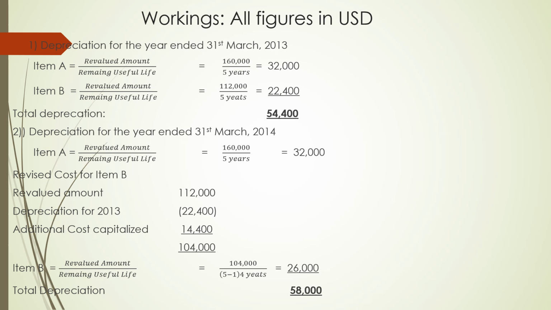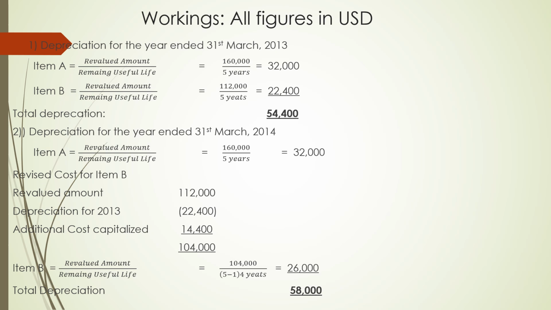So now it has made a way for us to be able to calculate depreciation on item B. The revised cost, which we now consider as our revalued amount, is 104,000. Remember, from the previous time that we did the revaluation, we had a remaining useful life of 5 years.